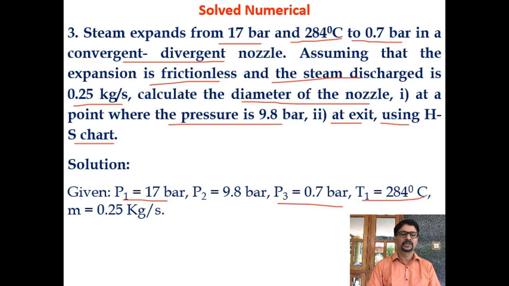The intermediate pressure given is 9.8 bar, so that should be taken as P2. We don't know whether it is at the throat or at another point, but it is given as 9.8 bar. Whatever the diameter, you have to calculate at this section where the pressure is 9.8 bar. Mass flow rate of steam is given as 0.25 kg per second.